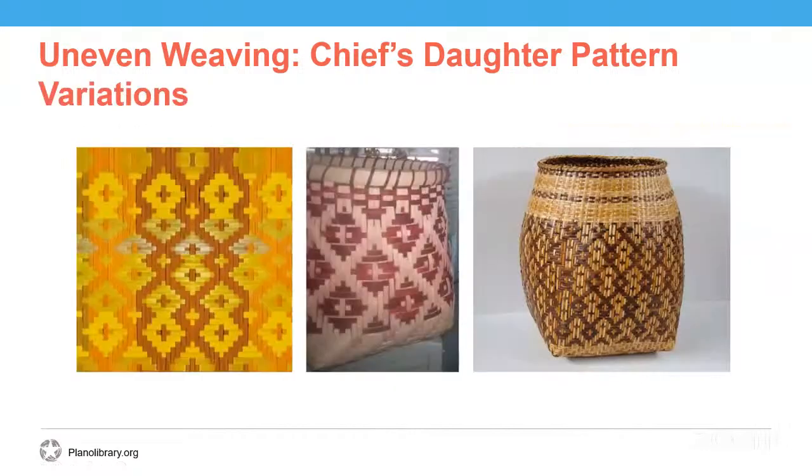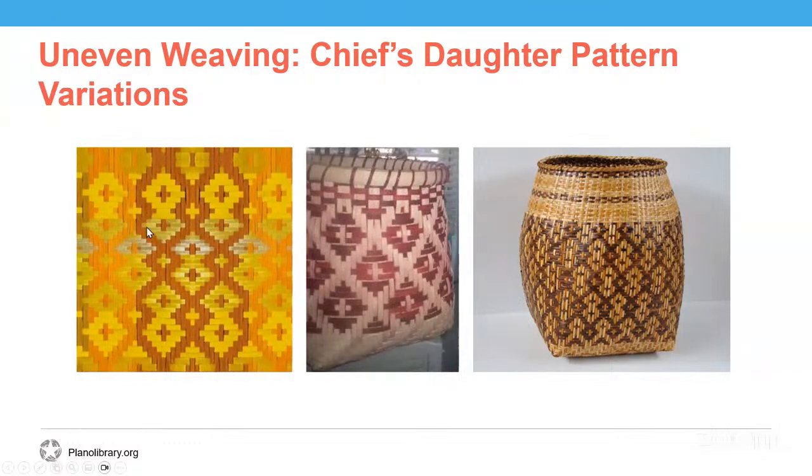And then I wanted to show other examples of the Chief's Daughter pattern that are a little bit varied. This pattern is usually enhanced with some variations, although they do all have some sort of repetitive element to them. So here, I think this one is one of my favorite examples.